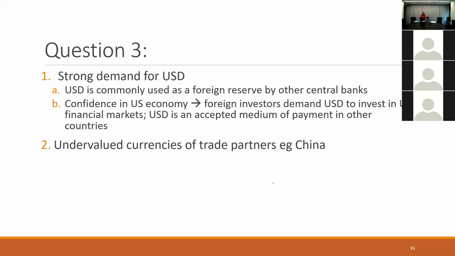So when you undervalue your currency, you're making your goods and services cheaper to make them more competitive relative to other goods and services. Yeah? Because of this reason, it's harder for US companies to export to their trade partners, relative to these countries exporting to the US. Right.